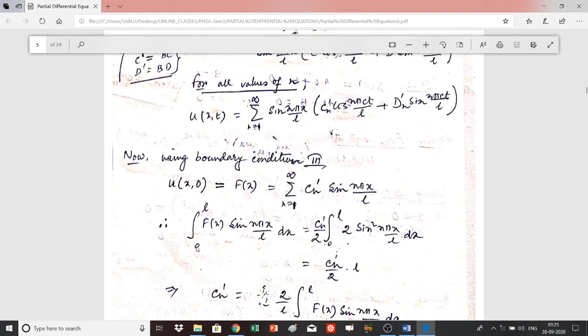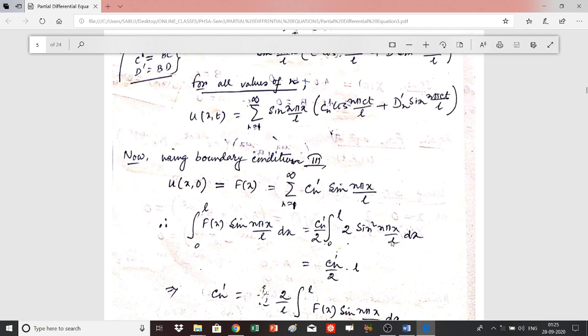multiplying this term with this term, then integrating from 0 to L. So first c_n prime, I am dividing here by 2, so here it should be multiplied, and from 0 to L this sin(n pi x by L) here and this sin(n pi x by L) here will give you 2 sin squared(n pi x by L) dx. That will give you 1 minus cos 2 theta.